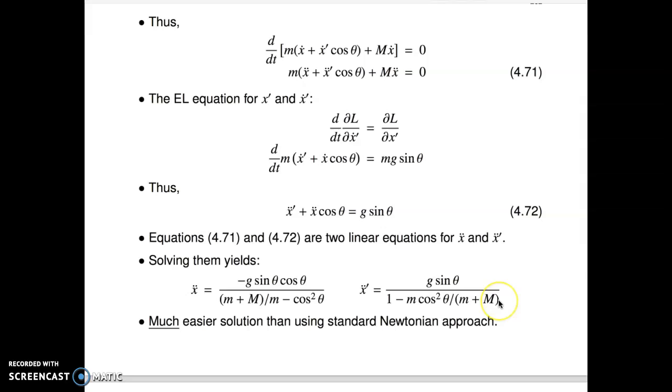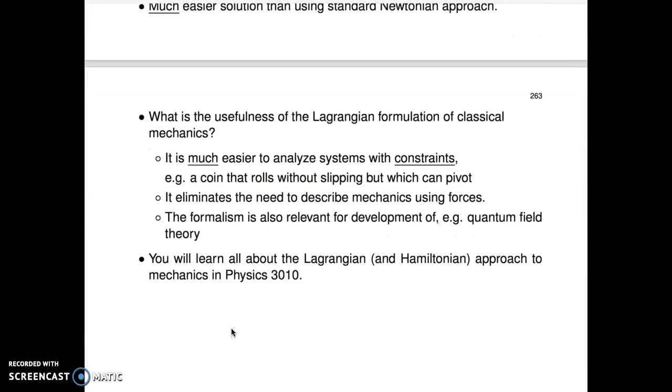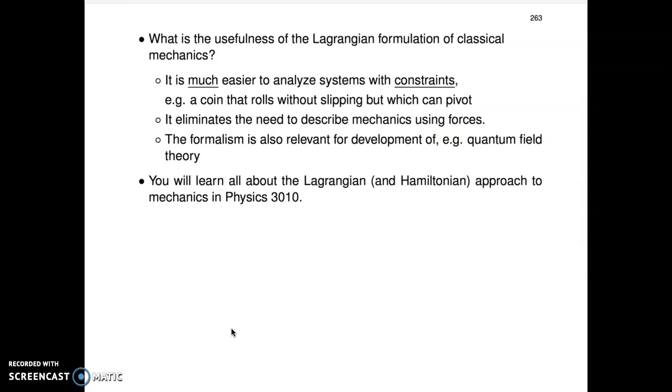But I'm going to leave it here. Now, you could do this problem using standard Newtonian mechanics methods, but it's much more difficult. The Euler-Lagrange equation is, as it turns out, a much more straightforward way of doing this problem.